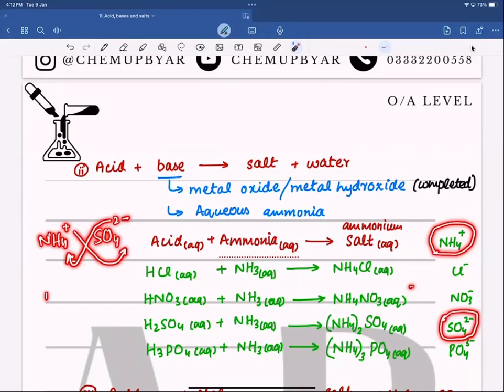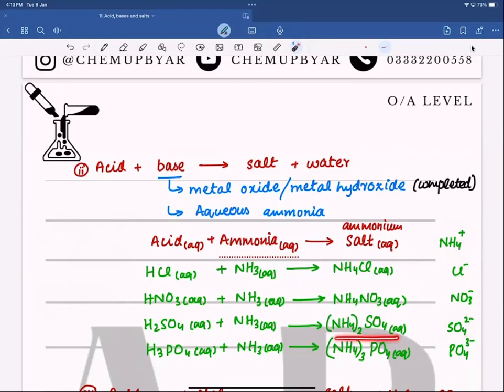So when we write the formula, it becomes (NH4) in closing bracket, then we write 2 because 2 is the charge of the sulfate ion, and then SO4. There is no need to write any other number because the charge is only +1; we usually don't write 1. So it becomes (NH4)2SO4.